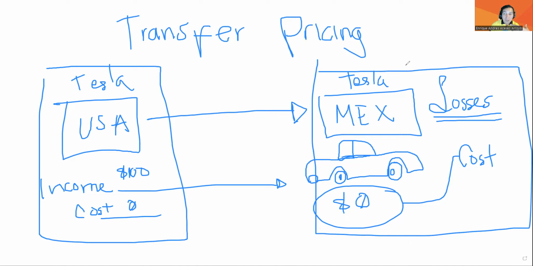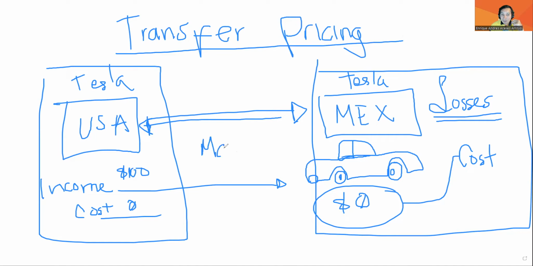In order to avoid these kinds of situations and the diverting towards other countries of all the taxation generated by business operations, the governments have created transfer pricing. Basically, for these operations from a subsidiary to the parent company, like in this case, they are only allowed to charge on market-based pricing.